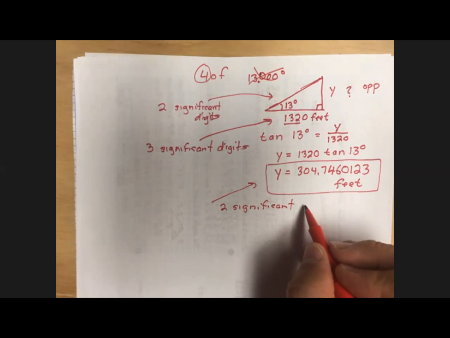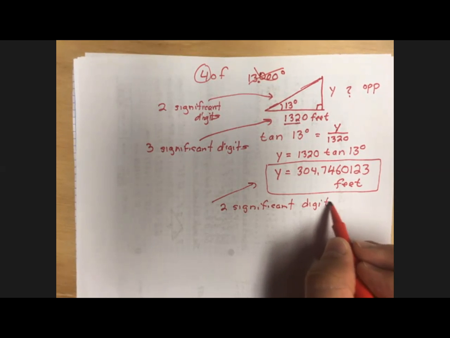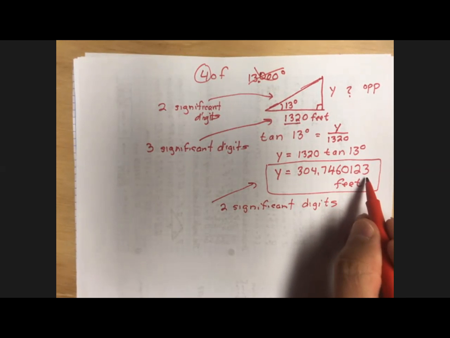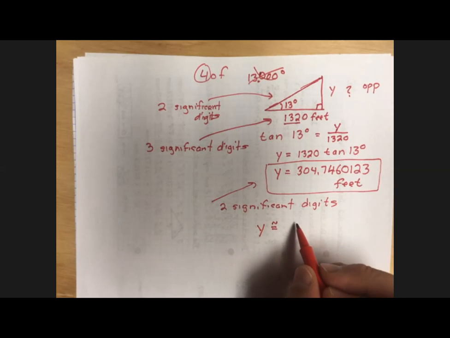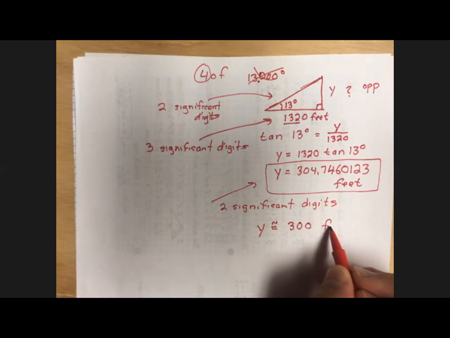I really cannot promise someone that I'm giving them 10 digits that are correct. So if I was to do this problem and write it on a piece of paper, my final answer would be 300 feet.